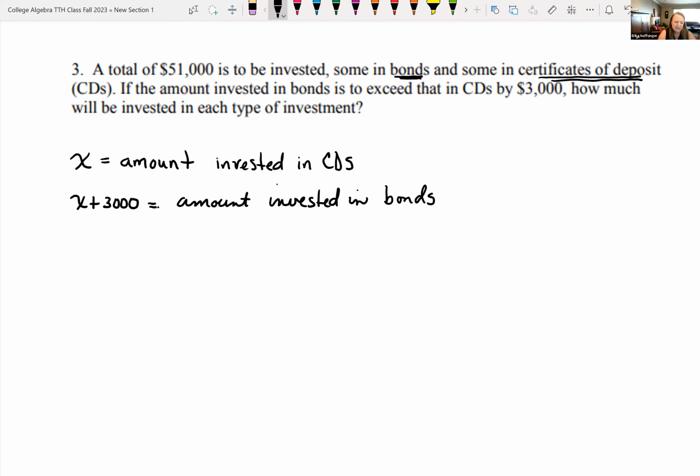So we have 51,000 to be invested, some in bonds and some in CDs. If the amount invested in the bonds is to exceed that in CDs by 3,000, how much is invested in each account? So I'm coming up with another equation to help me solve this. I know the amount that I invest in CDs is X plus the amount that I'm investing in bonds, which is X plus 3,000. The total amount invested in both is $51,000.